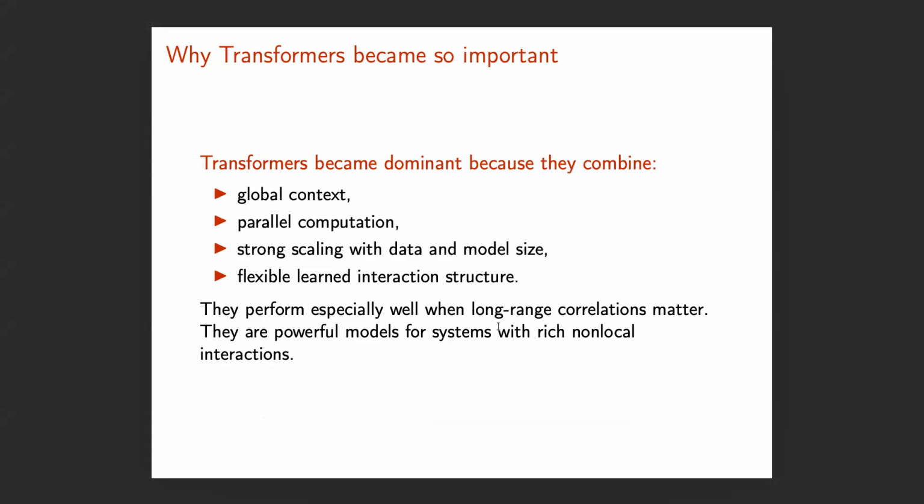This is also a very powerful thing when you're looking at language translation. If you think of a sentence in German and a sentence in English, the way you put the verb is different. In German, you would typically have the verb at the end of the sentence, which means you need to have the whole sentence when you're translating from German to English.